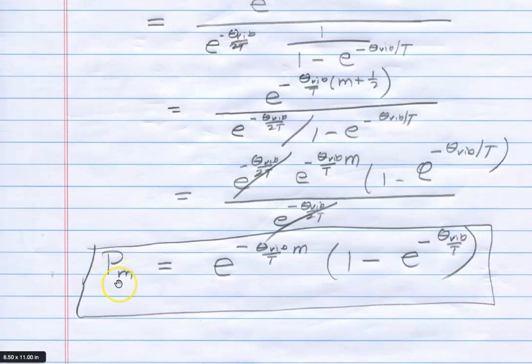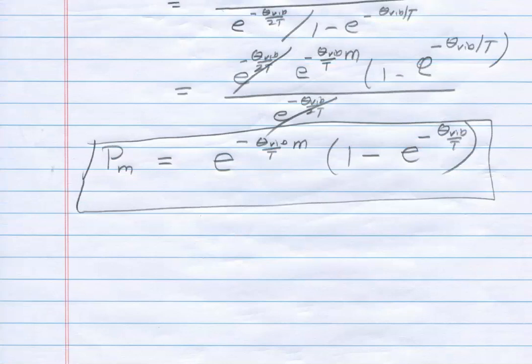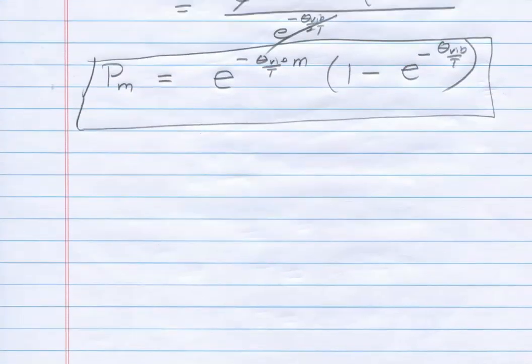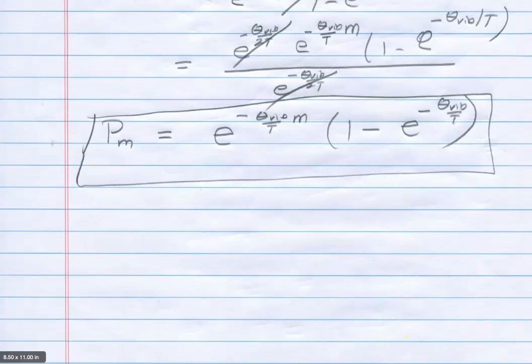That gives you the probability that the oscillator is in the nth state, where n is an integer. This is all dimensionless. And I think I've actually got a numerical problem that looks at some of this. We'll look at that here in a second.